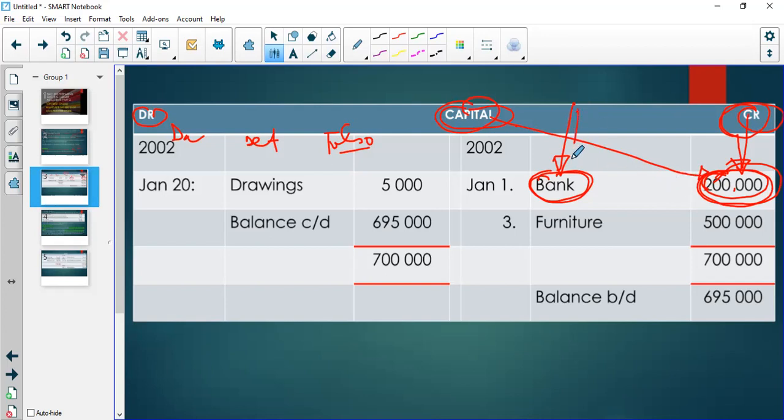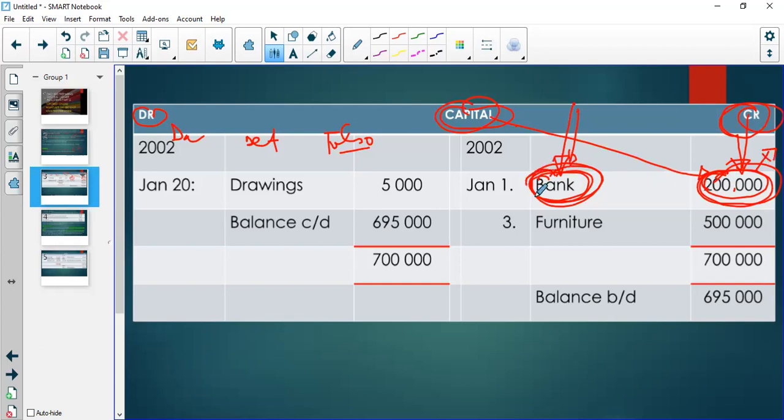The contra account will tell us the account which received the other leg of the transaction, the account which was involved in the double entry. Sometimes it's not one account, sometimes it's a lot of accounts that are affected. For example, we could have one credit entry and 4 or 5 debit entries, but they all add up to 200,000.